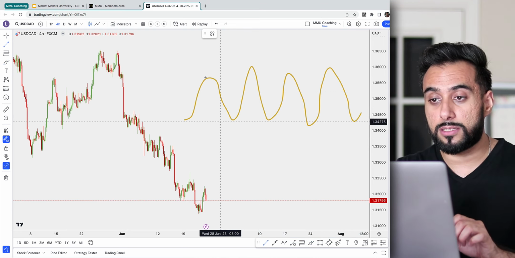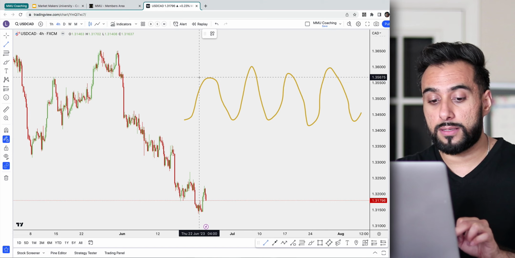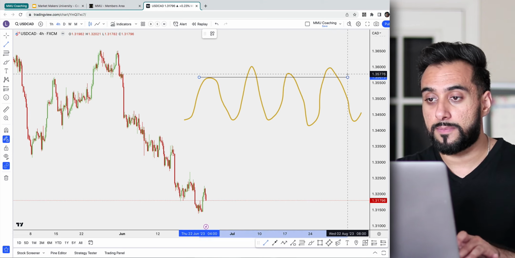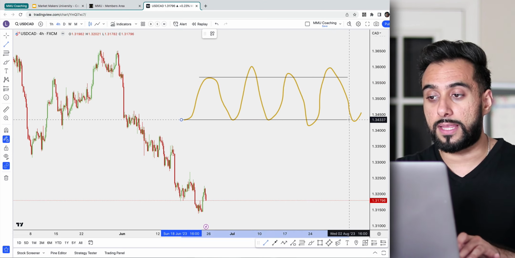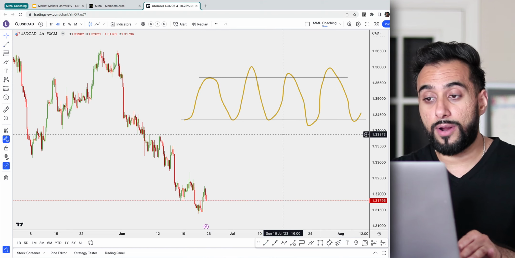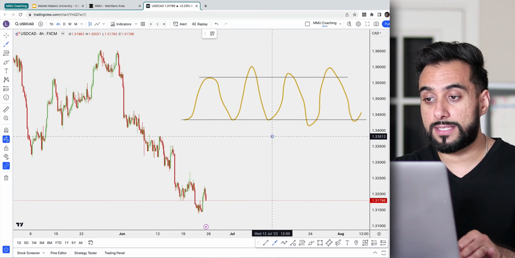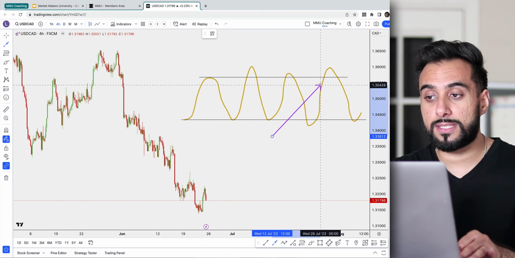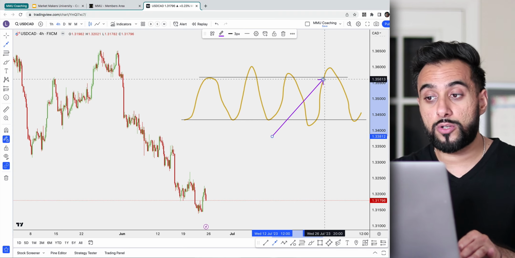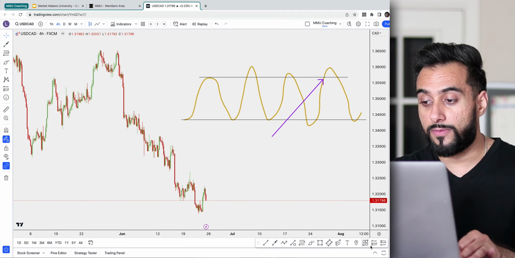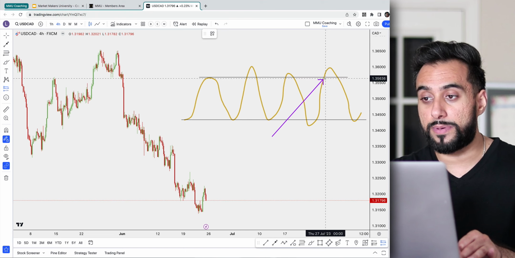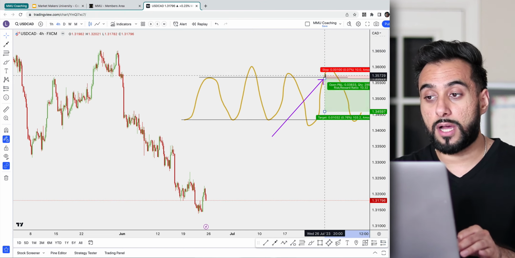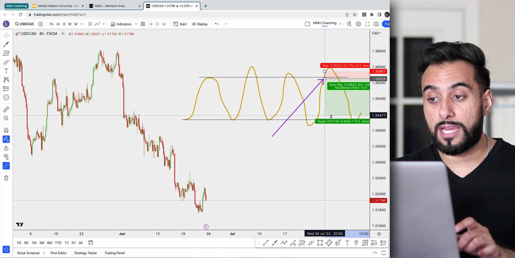So let's say someone drew their resistance just like this, or they drew their support just like this. And whenever the price approached this resistance area, if they had only drawn just a line, they would have entered their short position right over here, with their stop loss above the line and their take profit down here.